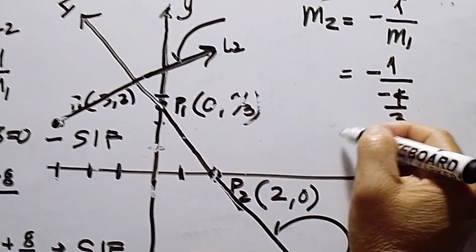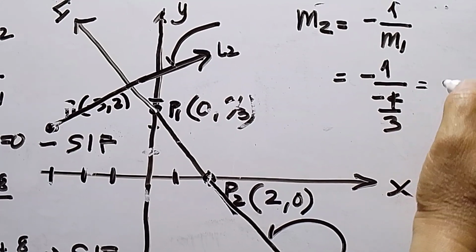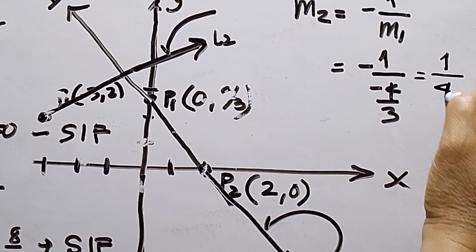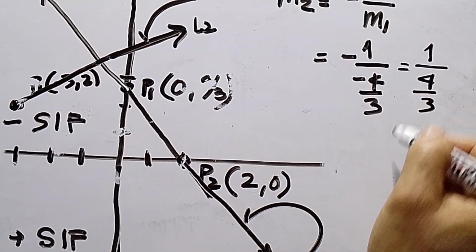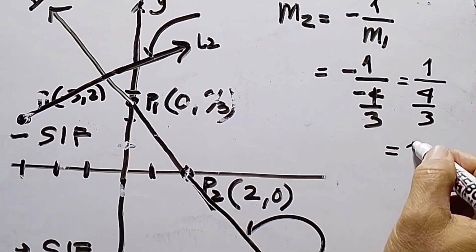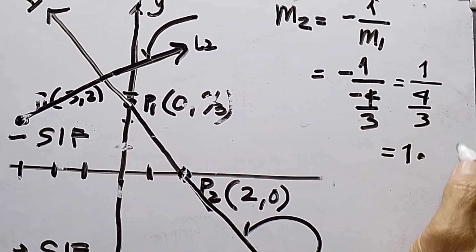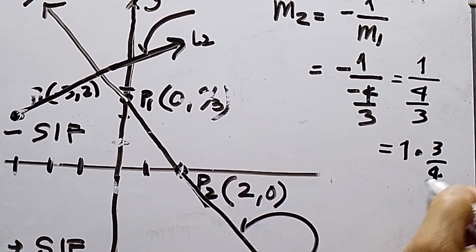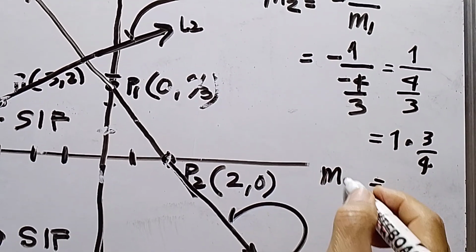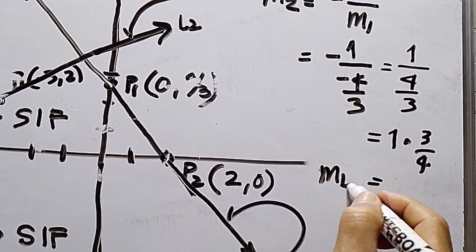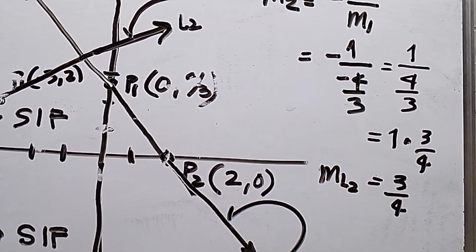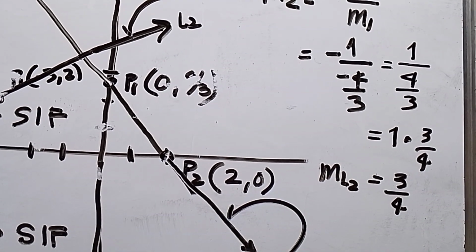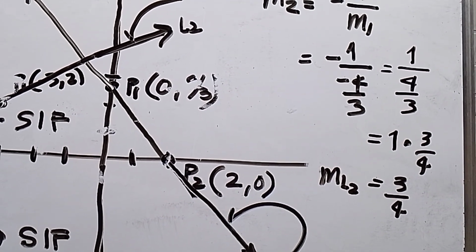Negative, negative, so that will be positive. So 1 over 4 over 3. Upside down of 4 over 3 is 3 over 4. So the slope of line 2 is equal to 3 over 4. I have now the reciprocal of slope 1.